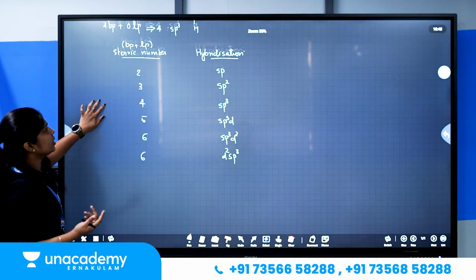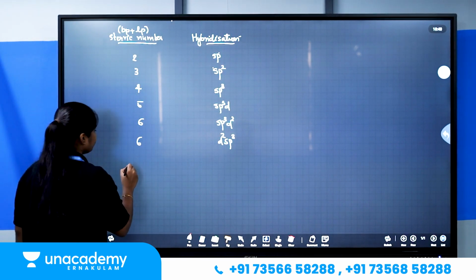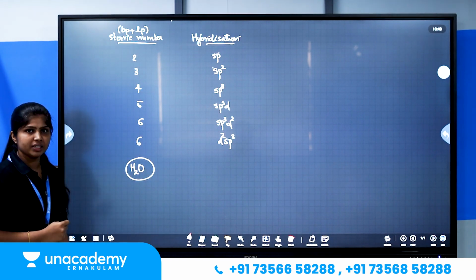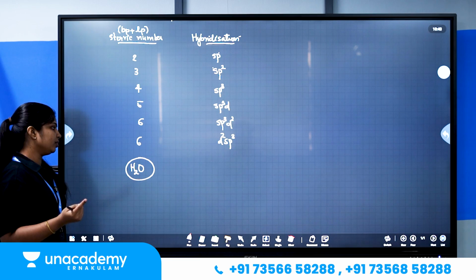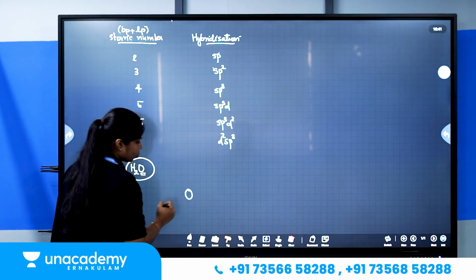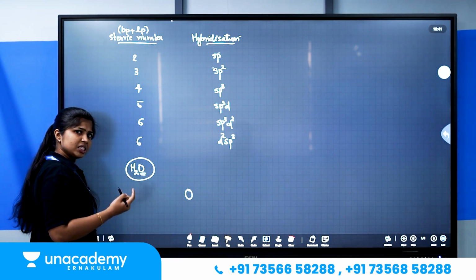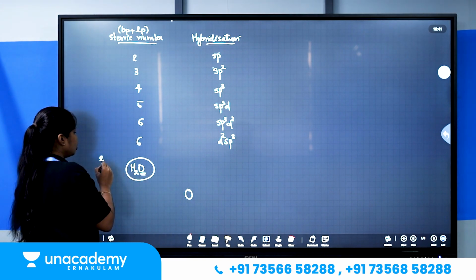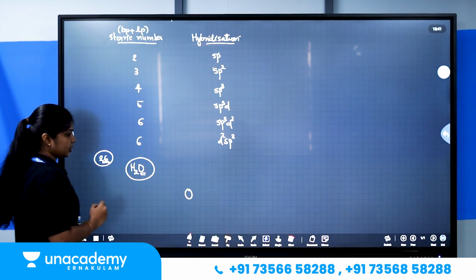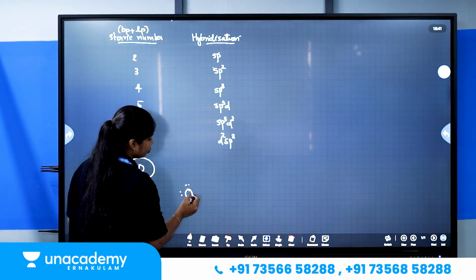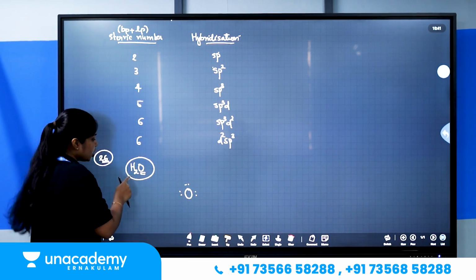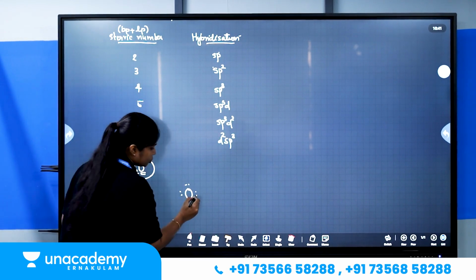Now we'll discuss one more example, water. What will be the hybridization? Let's just try. See, here the central atom is oxygen. How many valence electrons are there? 6. Its electronic configuration is 2, 6. So there are 6 valence electrons: 1, 2, 3, 4, 5, 6. And out of these 6, 2 will be bonded with hydrogen.